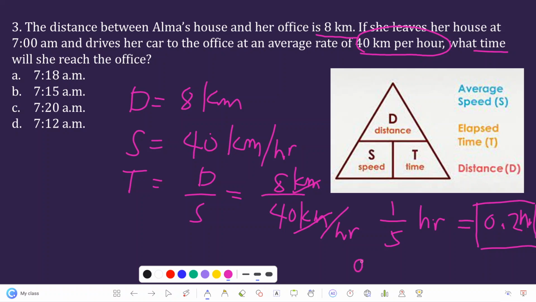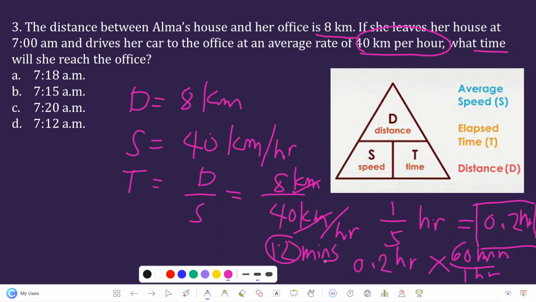So, 0.2 hour, multiply mo lang siya sa 60 minutes over 1 hour. And this will give you 60 times 0.2 is equal to 12. Is equal to 12. At ang gagawin mo, this is 12 minutes.